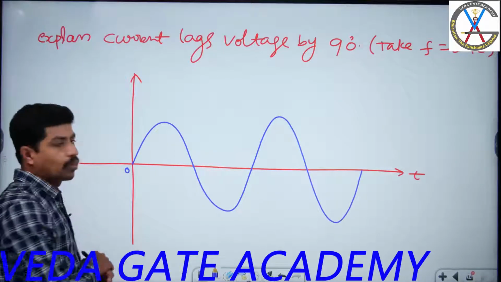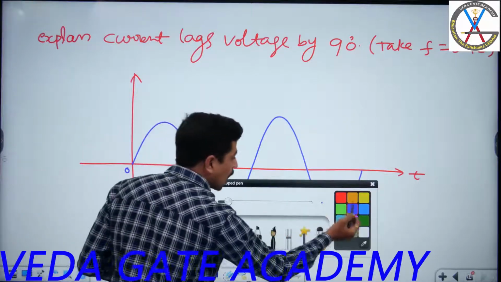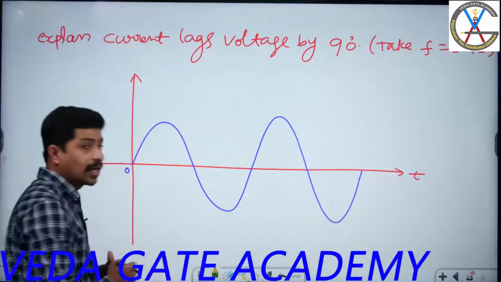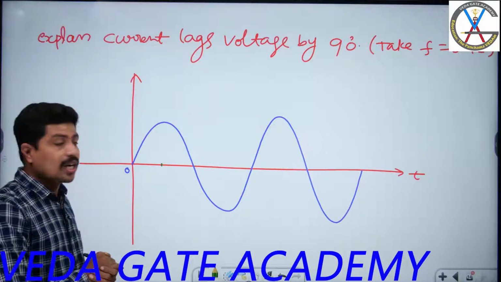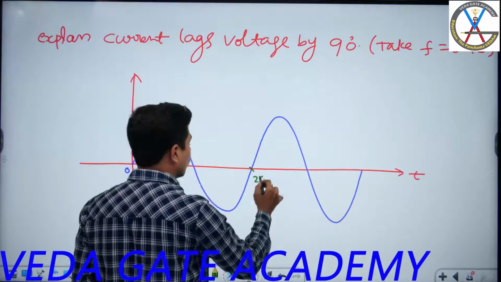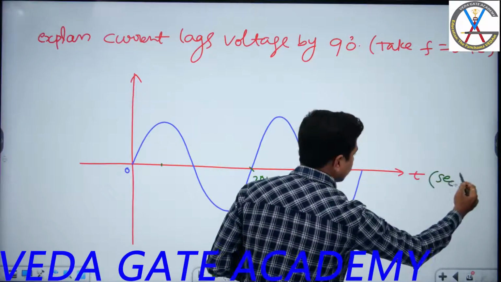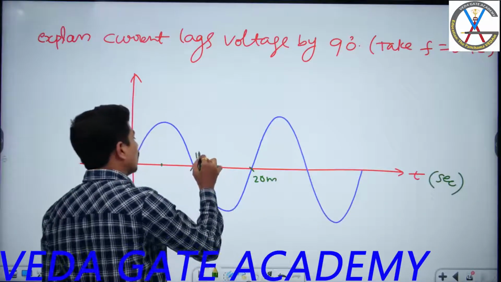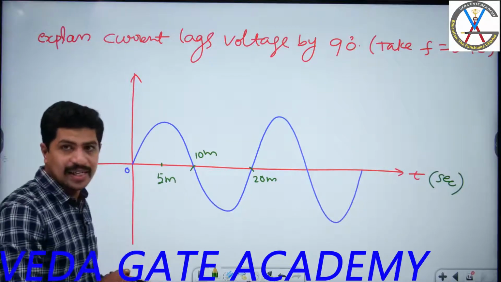This is the voltage. The current has to start after 90 degrees. In degrees it is 90, but with respect to 50 hertz, this is 20 milliseconds, this is 10 milliseconds, and this is 5 milliseconds. Time in seconds is mentioned here.